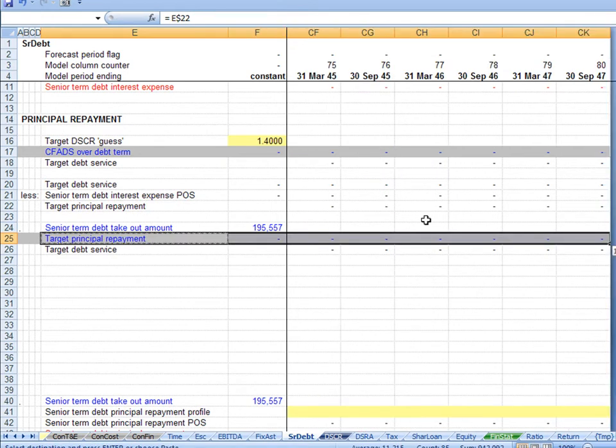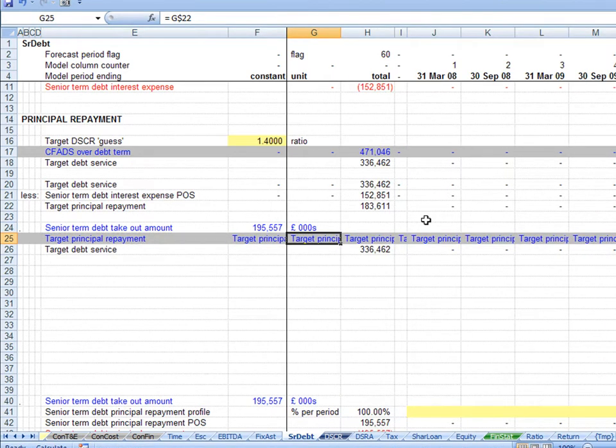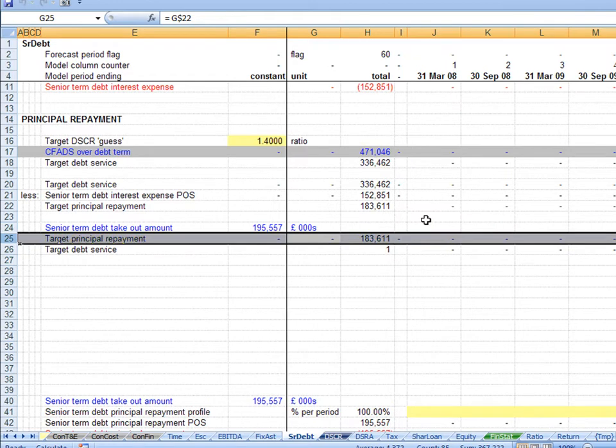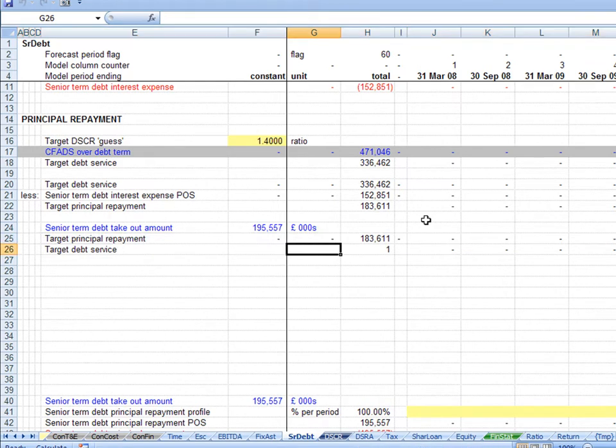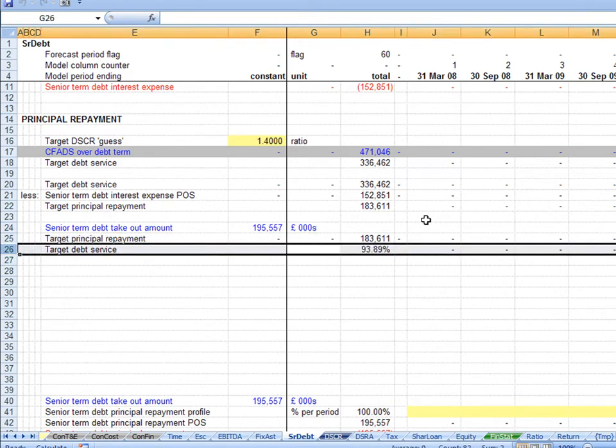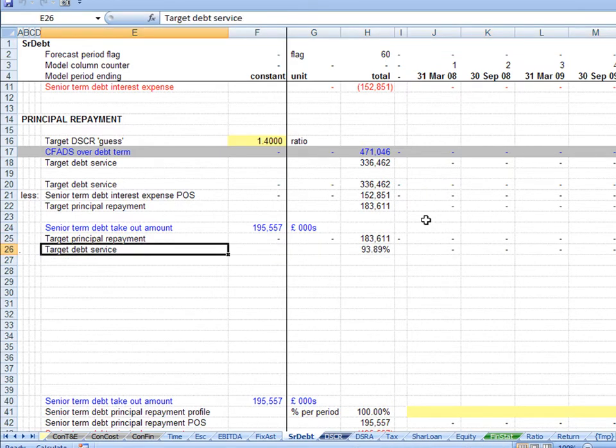So let me get that ingredient in place. Got some formatting to do here, which is no shade and no import marking. And this then in theory is not target debt service, but is that target repayment profile.